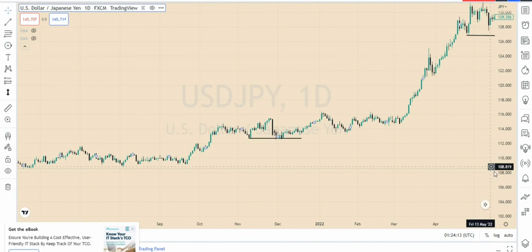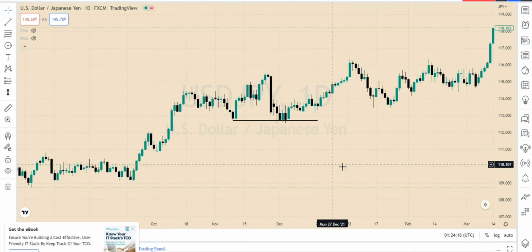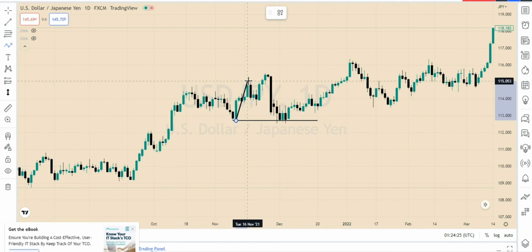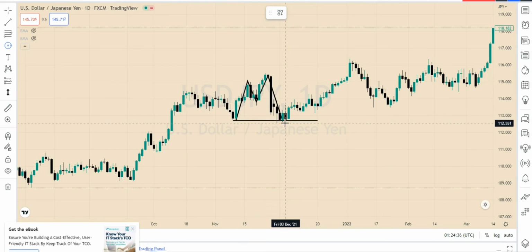Okay, we have one here. This is an M pattern here. You see it here. And I told you, in a bullish condition, your point of interest is around here. This is where you expect to take your trade, not at the neckline, because you expect it to do what?